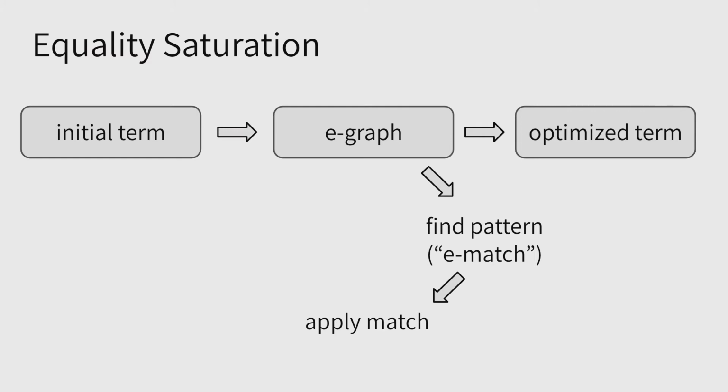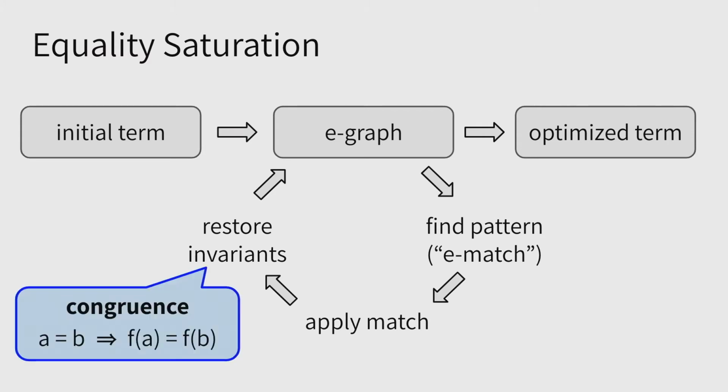Then there's this additional step, which is that the eGraph has, like any interesting data structure, several important invariants that it maintains. In the case of eGraphs, the big thing is that it maintains congruence, which is the guarantee that anywhere in the eGraph where I know that 2 terms A and B are equivalent, I also have to know that f of A and f of B are equivalent, right? So that's that congruence property. I have to push that up, and I need to maintain that in the data structure.